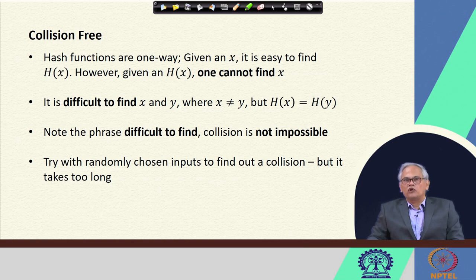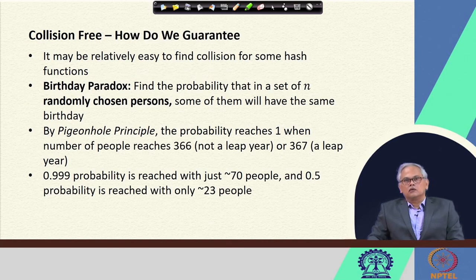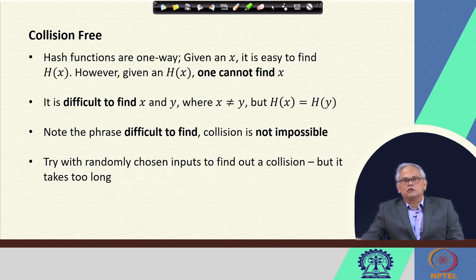This is an important property that we cannot determine x from h of x. This is one of the reasons why these are called cryptographic hash functions, and it is very important that we always have this property satisfied when we are using them in the context of blockchain.